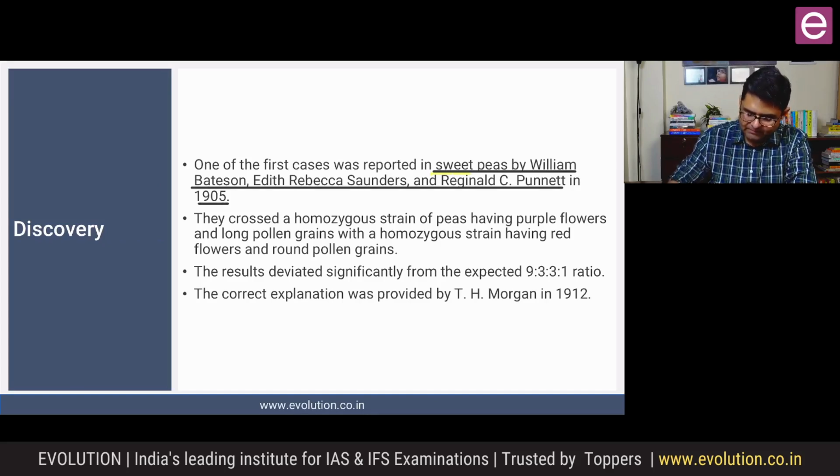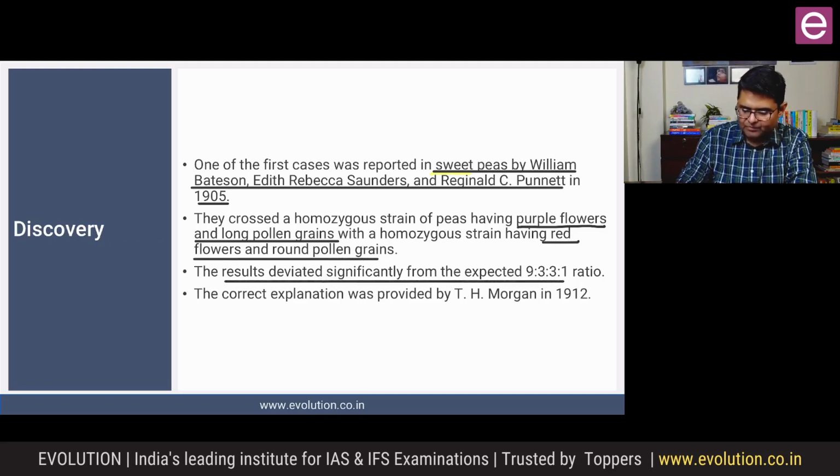What they did was cross purple flowers and long pollen grains with red flowers and round pollen grains. And the results deviated significantly from the 9:3:3:1 ratio. You would have gotten 9:3:3:1 only if the genes were located on different chromosomes. But since they were not, they tended to inherit in parental combination.